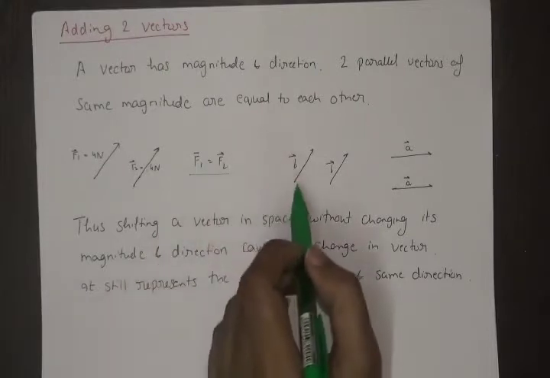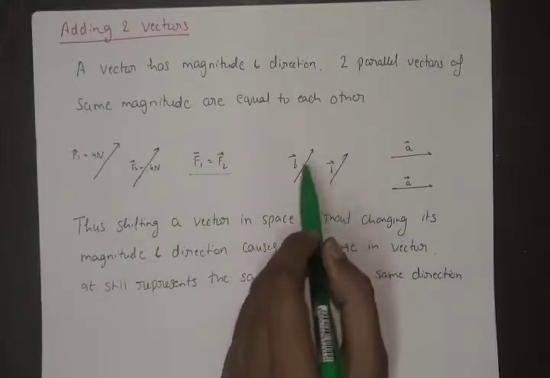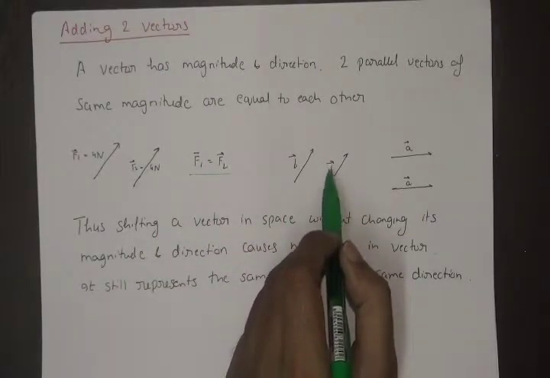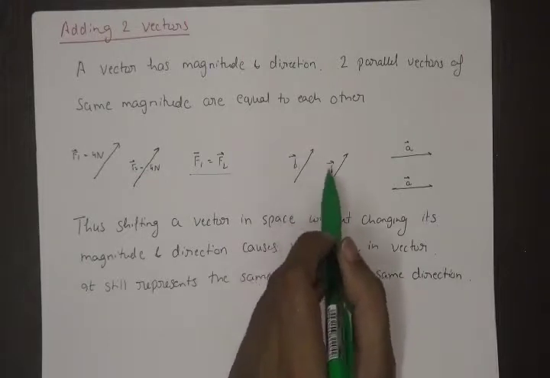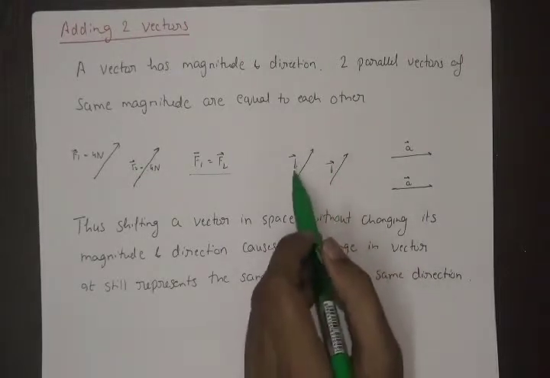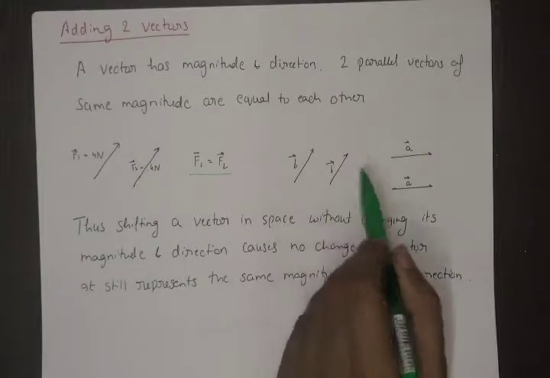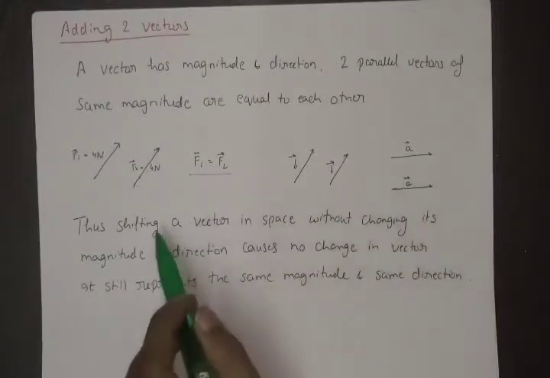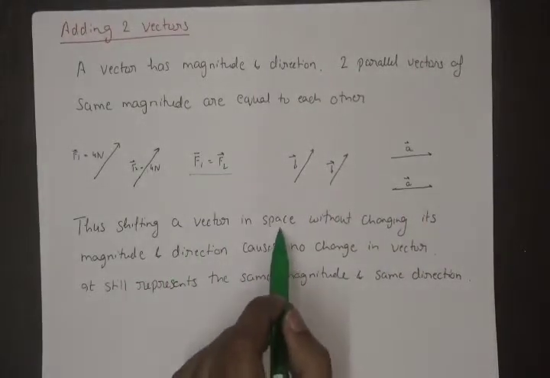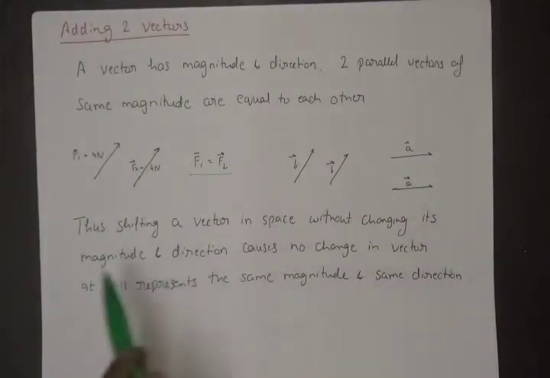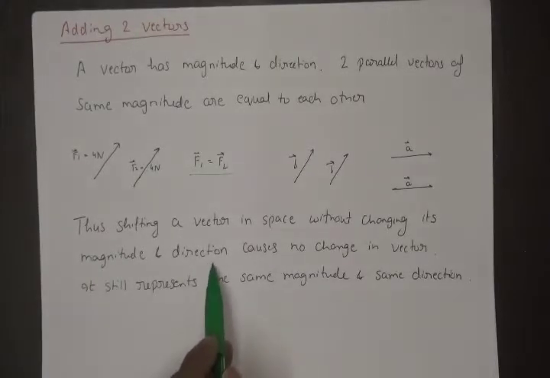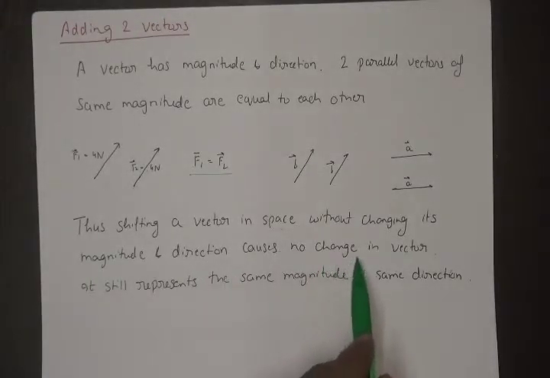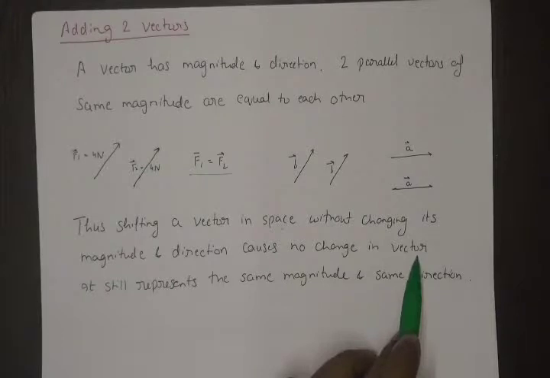Similarly, two parallel vectors of same magnitude will represent same magnitude and same direction. So B vector will be equal to B vector, A vector will be equal to A vector. Thus we can conclude that shifting a vector in space without changing its direction and magnitude causes no change in vector. It remains the same vector.